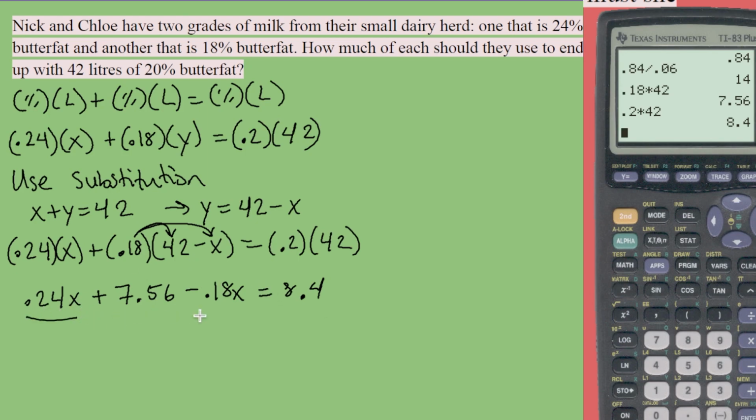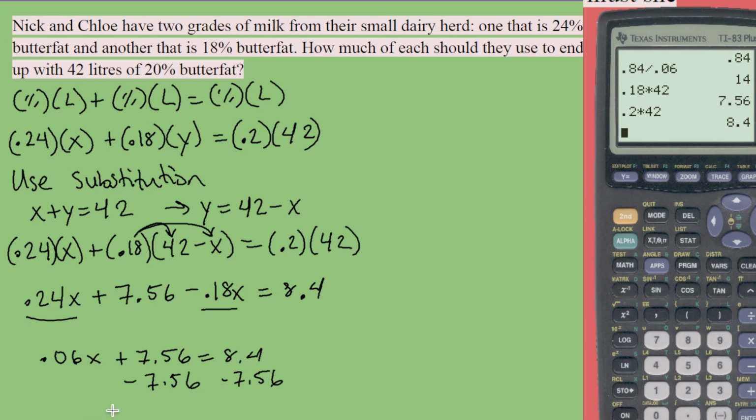Now combine the like terms. 0.24 minus 0.18, that is 0.06x plus 7.56 equals 8.4. Then subtract 7.56 from both sides.